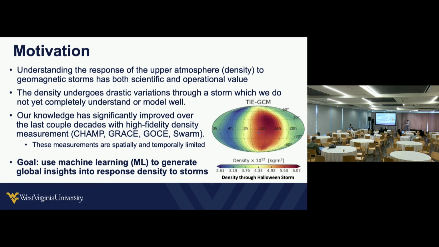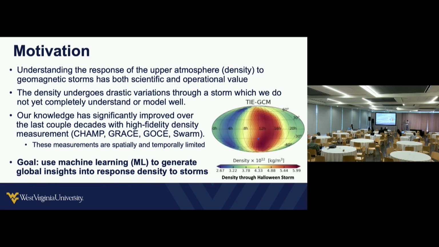And a lot of the work that we've done in the last couple decades has been using satellite measurements, specifically the satellite accelerometer-derived density measurements from CHAMP, GRACE, GOCE, and SWARM satellites. And they have provided really good, useful new insights, but they are spatio-temporally limited.